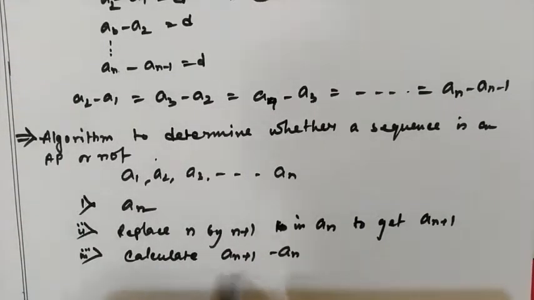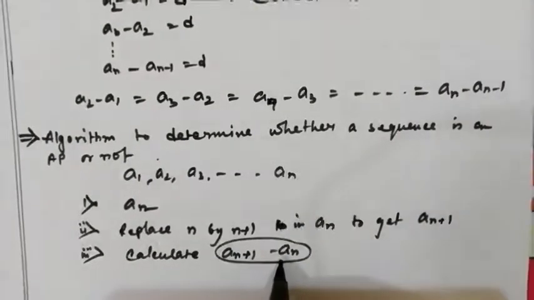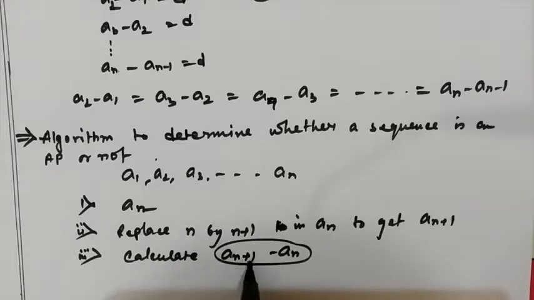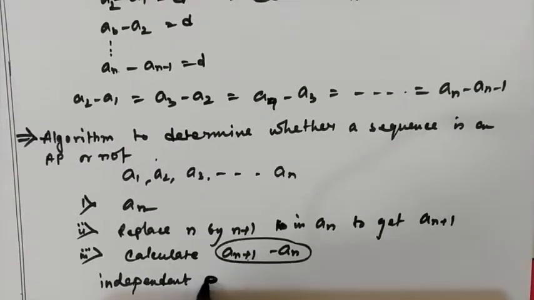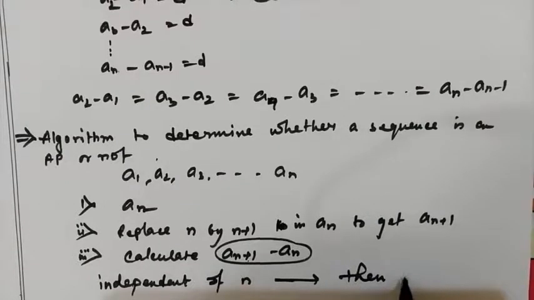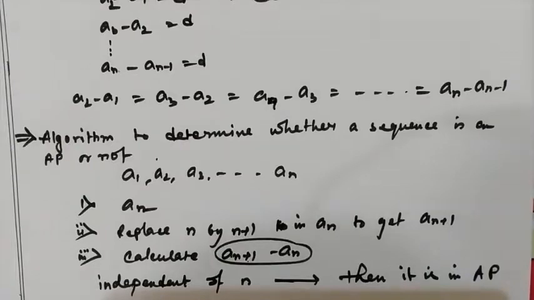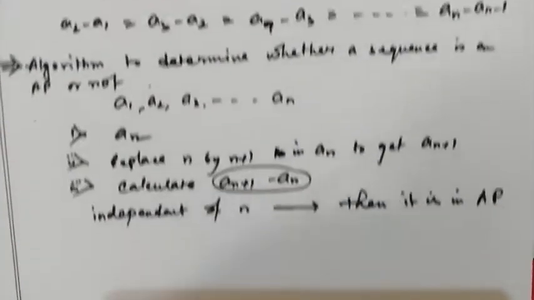Now if the result of this difference, a n plus 1 minus a n, is independent of n, then it is in AP. If it is not independent of n, then it is not in AP.